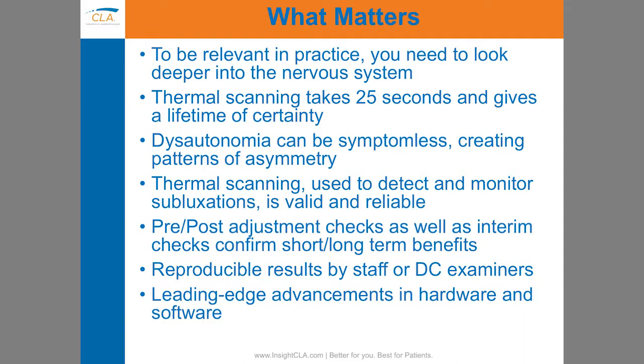So we're coming to the end, and I want to just reiterate what matters. To be relevant in practice, you need to look deeper into the nervous system. It's great to look at x-rays. It's really good to palpate. Bimanual palpation has great kappa. But palpating the tone of the tissues around a subluxated system is really important. But you need to look deeper to remain relevant.